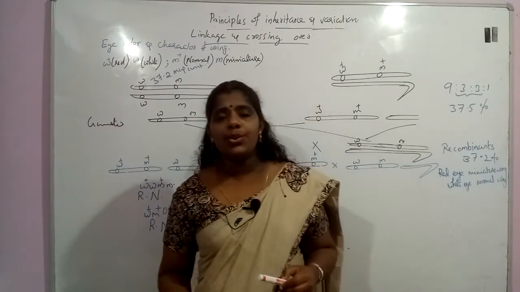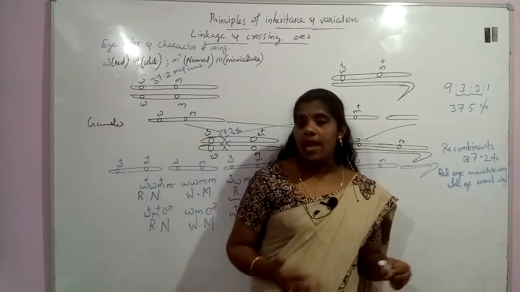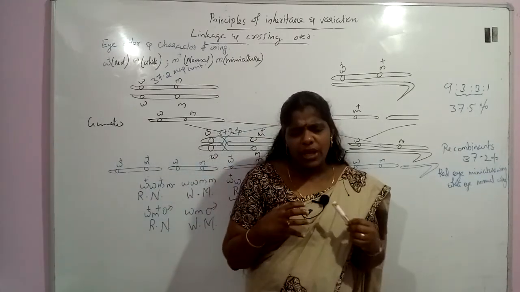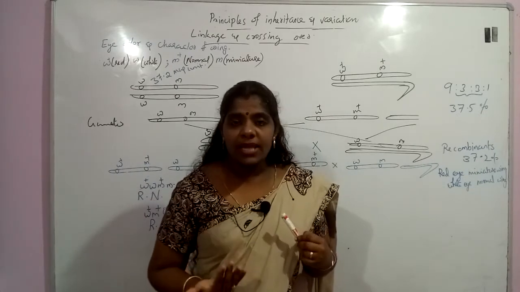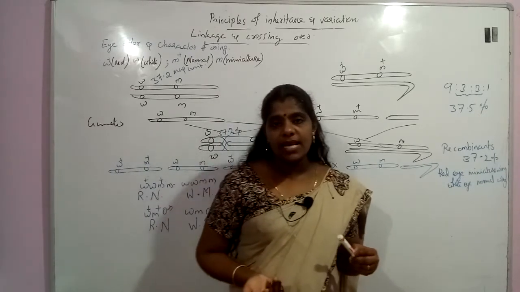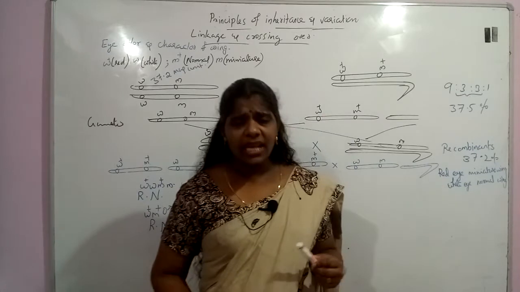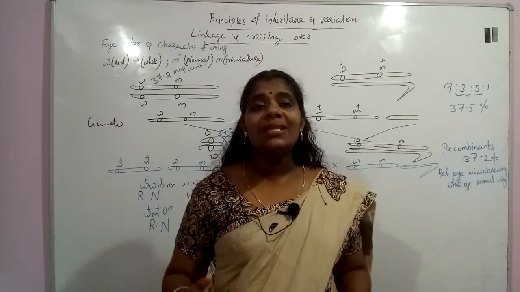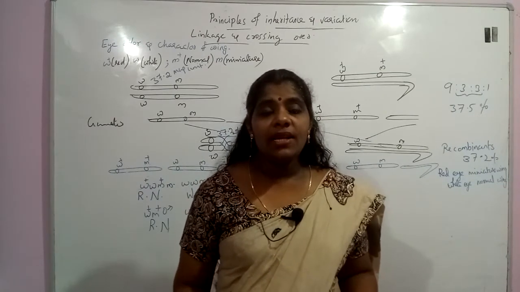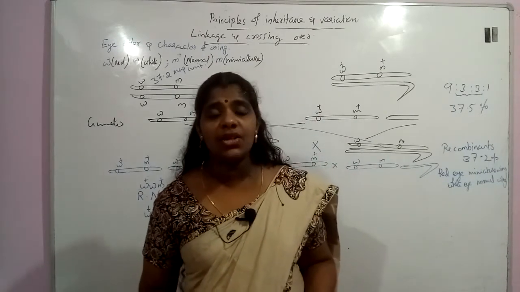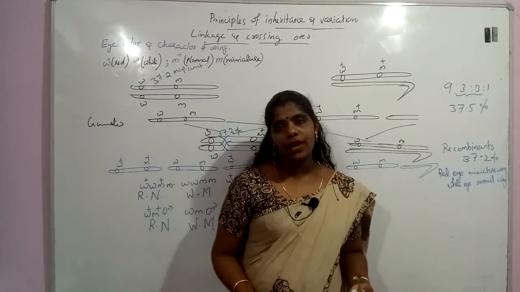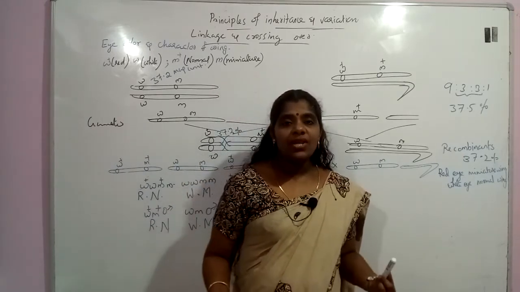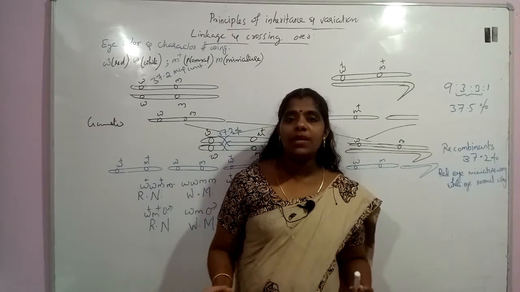So here there are two different types of genes we can see. In the case of the same chromosome, if the genes are arranged very closely, we say they are tightly linked genes. Linkage is so tight. If they are arranged a little apart, they are loosely linked genes. In tightly linked genes the recombination frequency will be very low, and in loosely linked or separated genes the recombination frequency will be high.